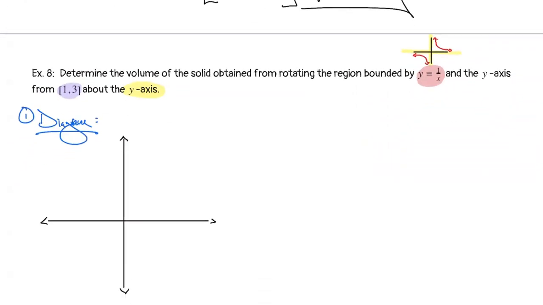So if we use that over here, what we're going to do is draw the branch that corresponds to where the y values might be from 1 to 3. That's only going to be the top right branch, okay? And so if I go ahead and draw that top right branch, I'm going to have something kind of like that, right?